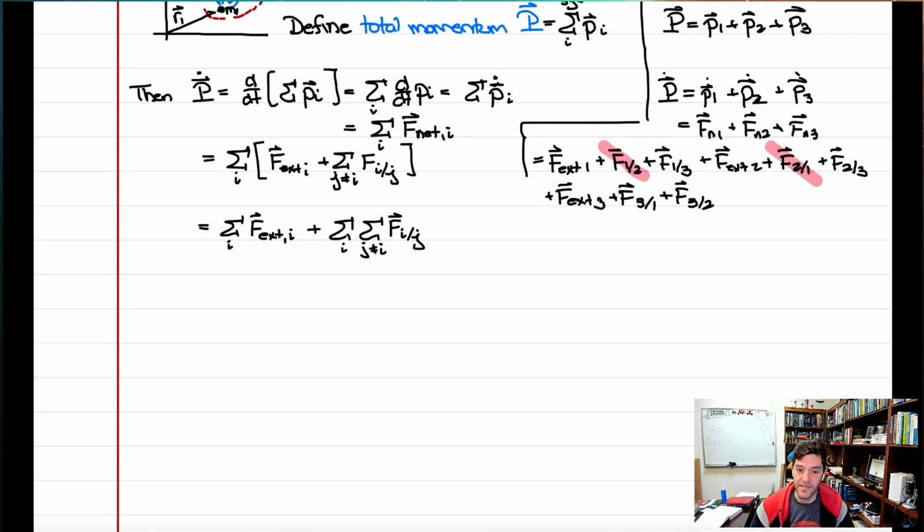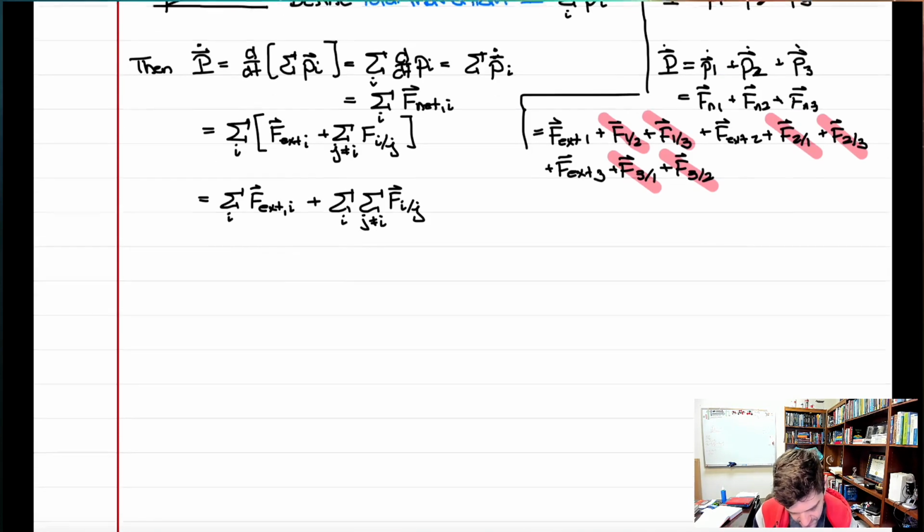So one of them is the vector negative of the other. So when I add them up, I'm going to get 0. On 1 from 3, on 3 from 1, that's a Newton's third law pair. They add up to 0. On 2 from 3, on 3 from 2, add up to 0. Notice what's happened. All the internal interactions vanish when you add them all up.